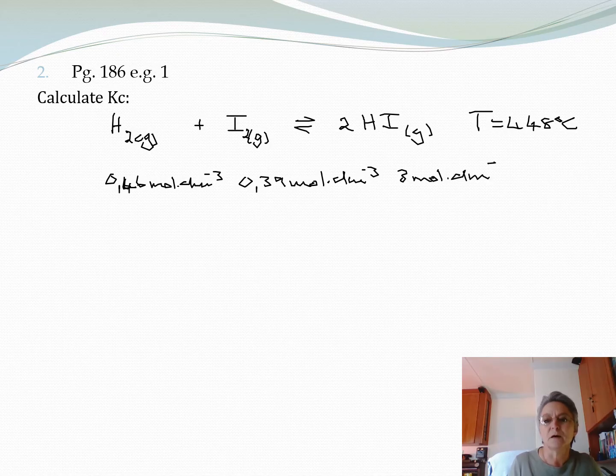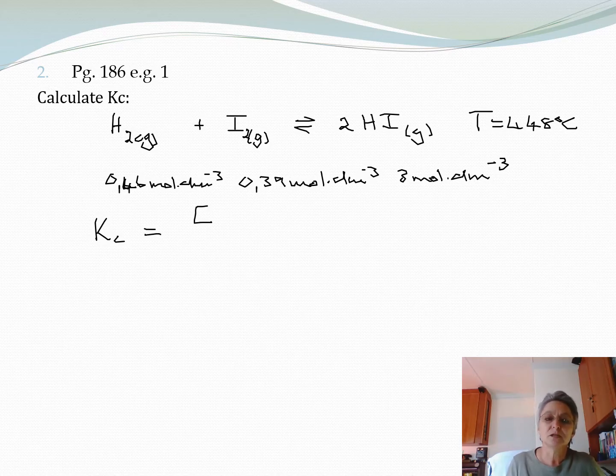If my judgment is correct, the equilibrium would lie to the right, meaning there's a lot more hydrogen iodide than hydrogen and iodine. But let's see what the value of Kc would be.